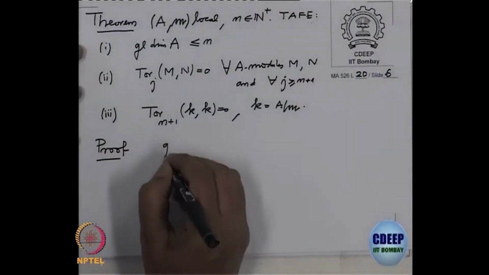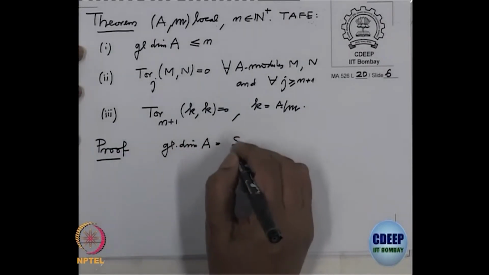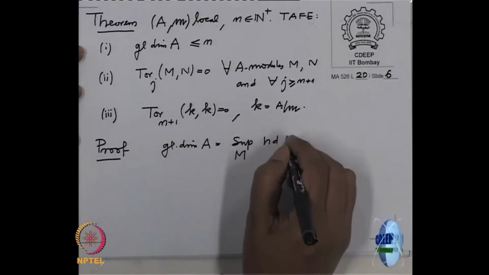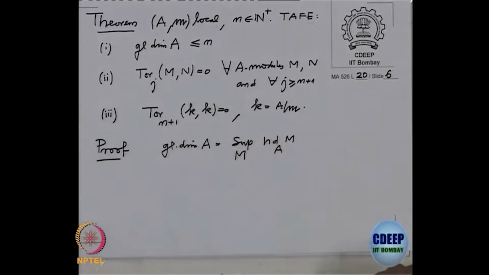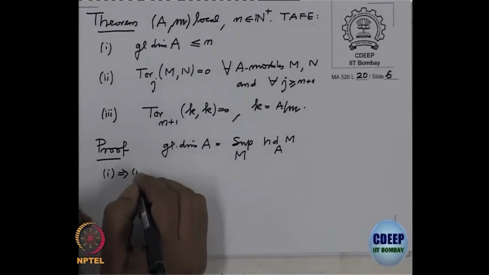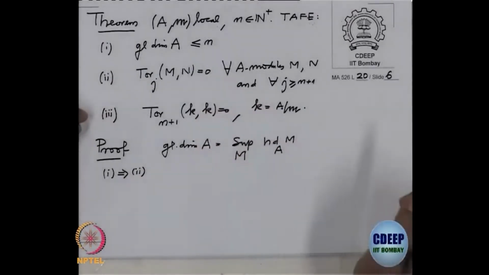See, the global dimension of A is by definition the supremum over all modules M of the homological dimension of M. This was our definition. So, if I want to prove 1 implies 2, we are given that this supremum is less than or equal to n.